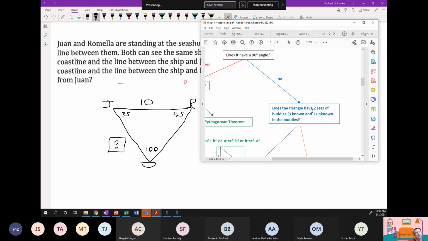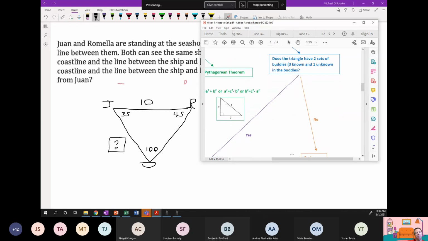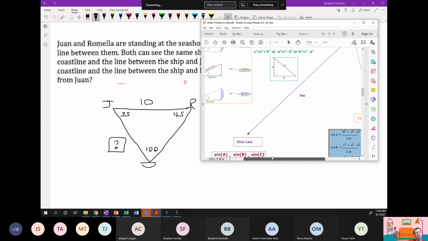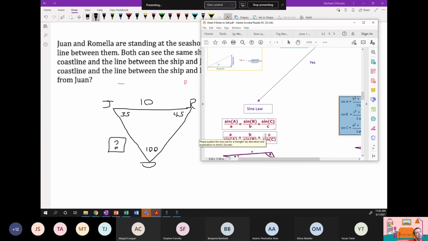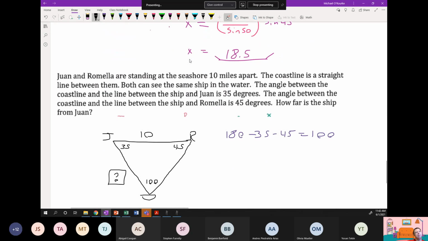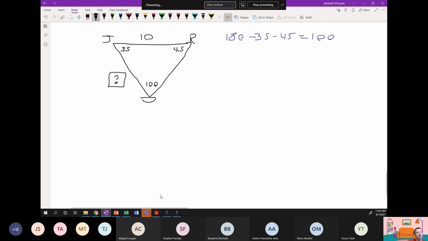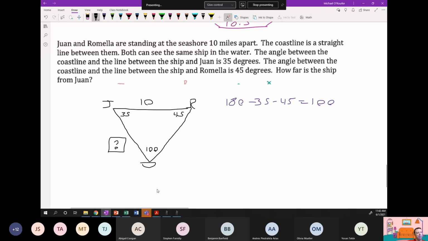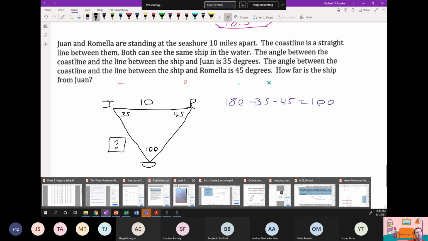Yes or no? Buddies, perfect. So we're using sine law. Did we do the same type of question? Son of a gun, I thought we were trying to find an angle. All right, that's fine. I'm highly disappointed in myself.